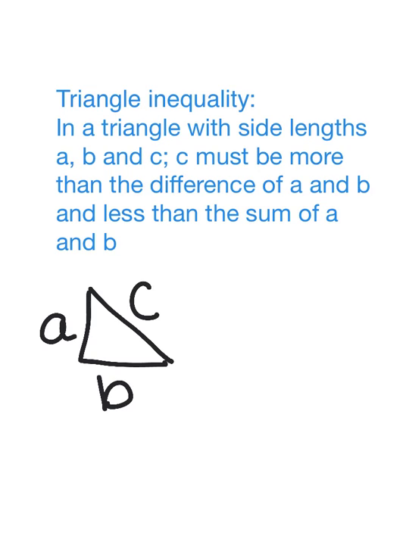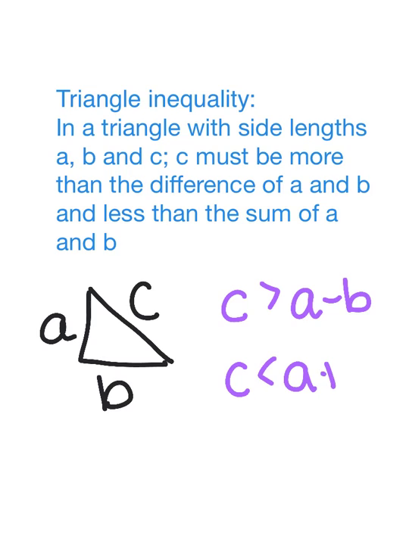So for the first one, you're going to have C is going to be greater than the difference of A and B. And C also is going to have to be less than the sum of A plus B. That's what that inequality basically states.